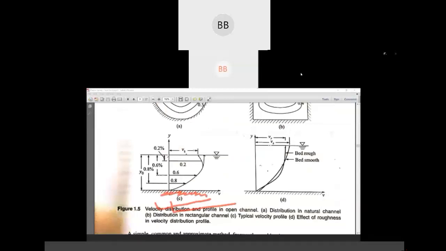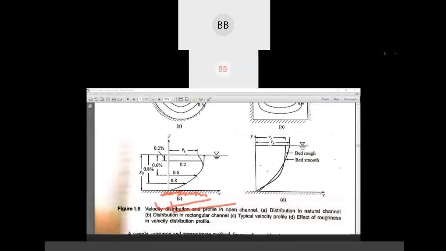When it goes up, you can see your velocity increases, and when it reaches the top of the channel, or you can say the free surface, your velocity gets reduced. It is expected to reach here, but due to the interaction between the flow of air and water, your velocity comes here. It's expected to reach here, but due to that interaction, your velocity got reduced and reached here at the surface.